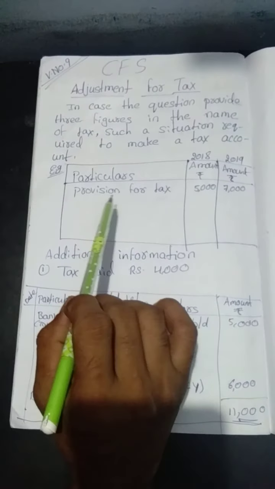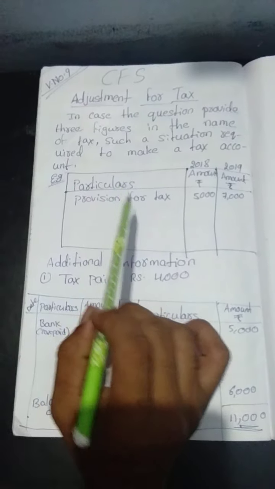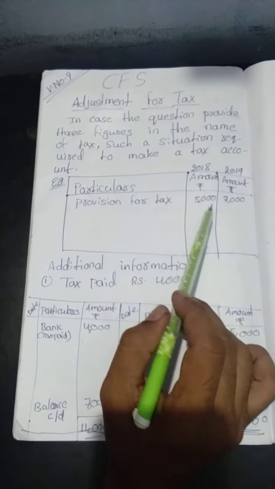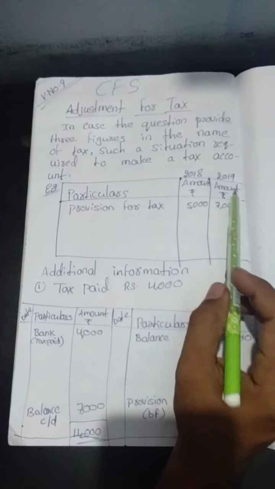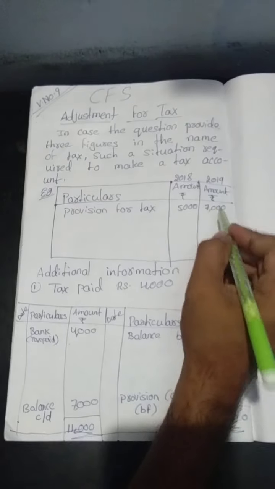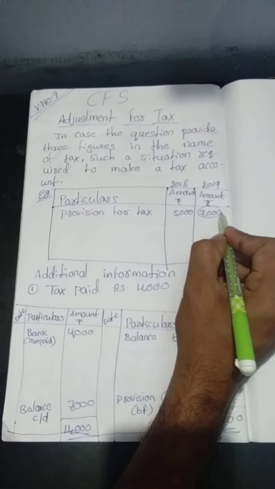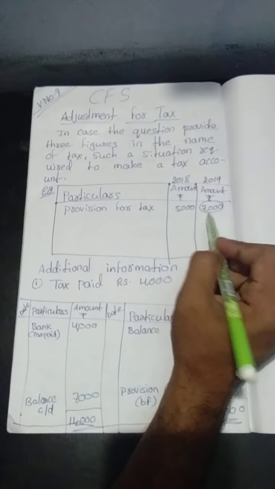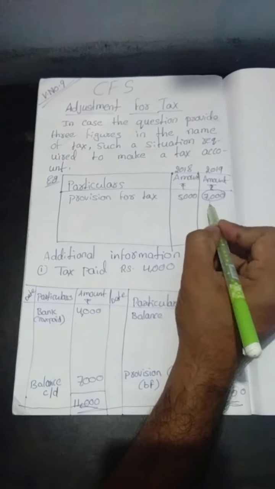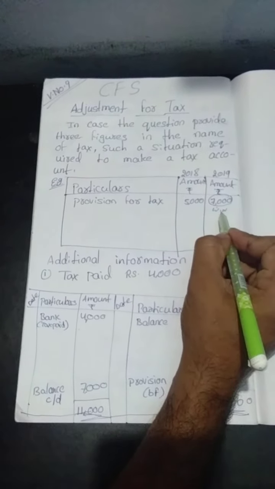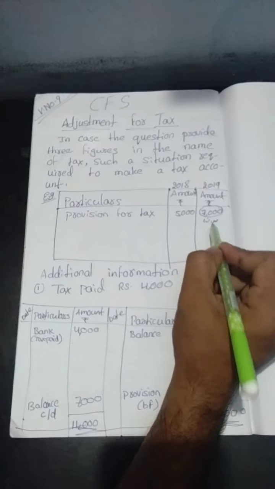Before, we had seen that in case of tax, if two figures are given, the current year figure we consider as the provision for tax, and normally in the working note we add this amount.